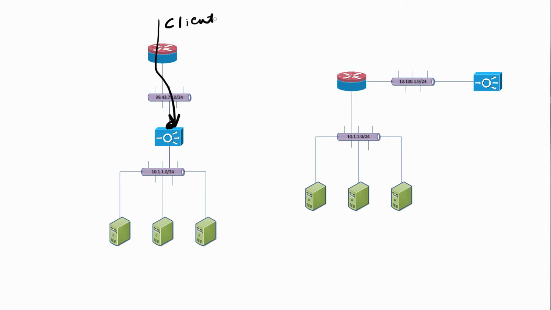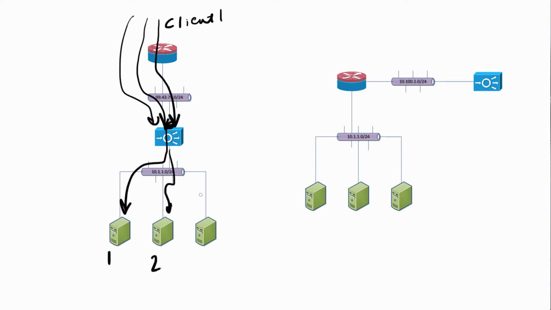So let's say client 1 comes in, I send that to web server 1. Another client comes in, client 2, and I send him to web server 2. Client 3 comes in, I send him to web server 3. And I go back. So next client comes in, I send him to 1. So you just kind of round robin through them.